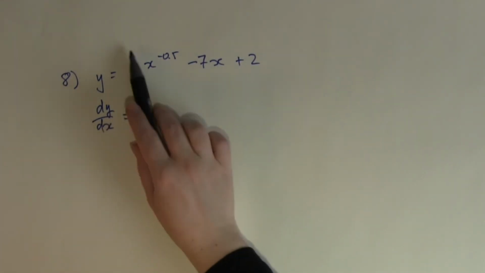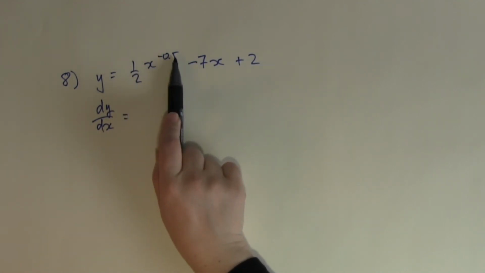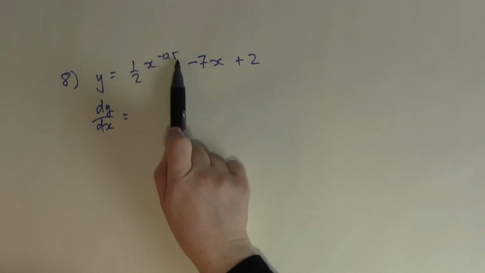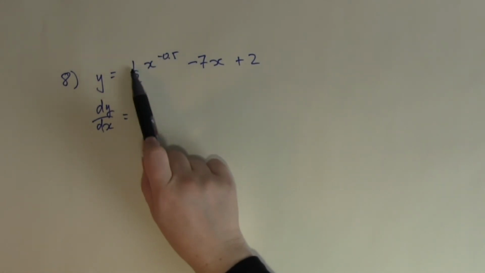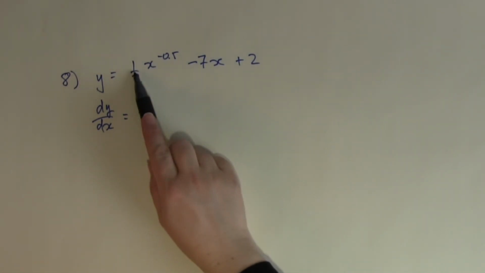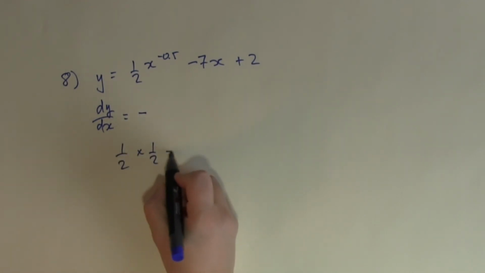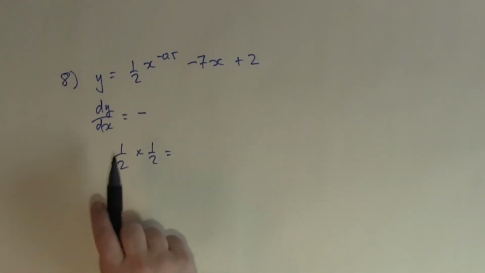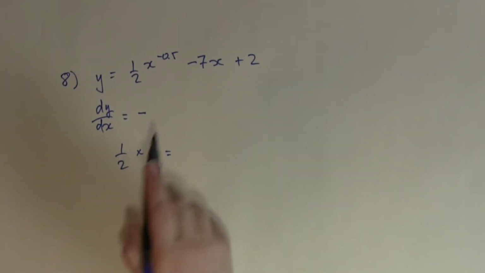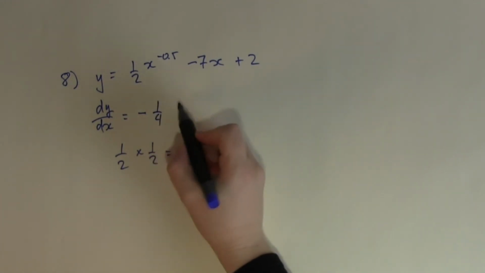So the first term is a power, so we need to bring the power down, but we remember that 0.5 is a half. So positive times negative will make a negative, and a half times a half. Remember, when you're multiplying fractions, you need to multiply numerator by numerator and denominator by denominator. So a half by a half gives you a quarter.